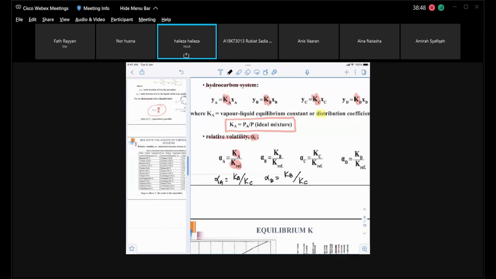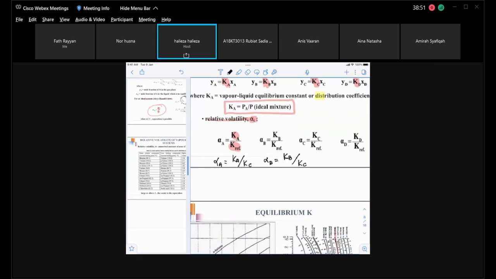But sometimes the value of the relative volatility is given. For example, I came across this somewhere. This is your three-component system, with components A, B, C, and over here you have your relative volatility, given as a certain value.